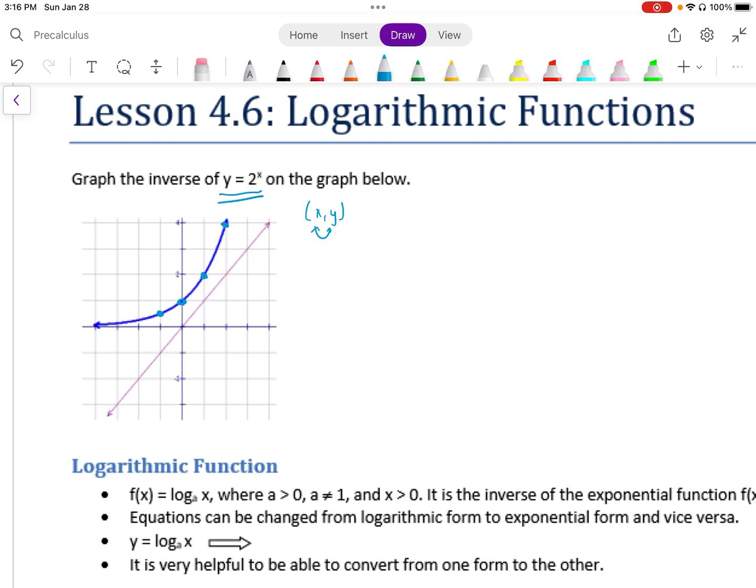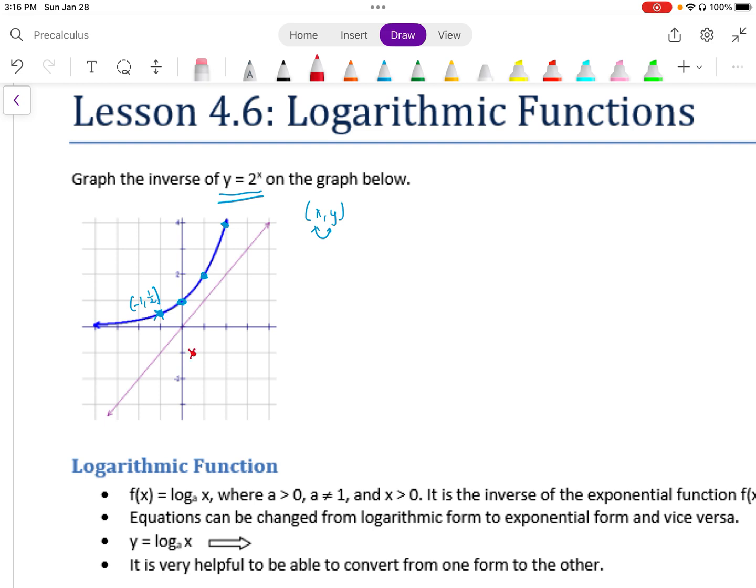On y equals 2 to the x, at this x, that is negative 1, 1/2. So this is the point (-1, 1/2), and we want to make sure we graph (1/2, -1). So that one goes to that.